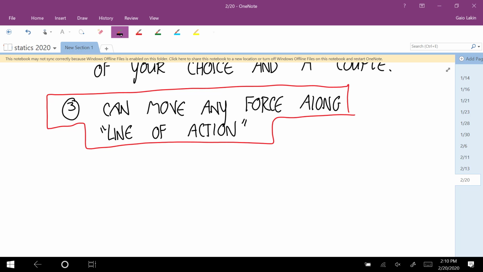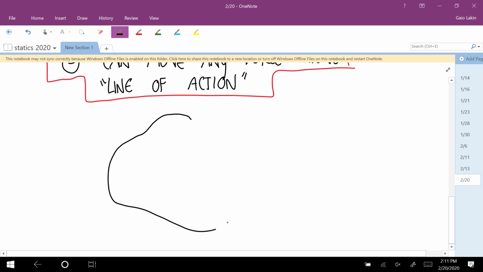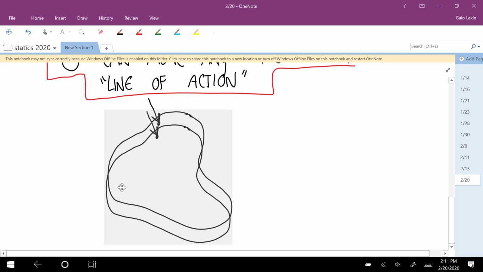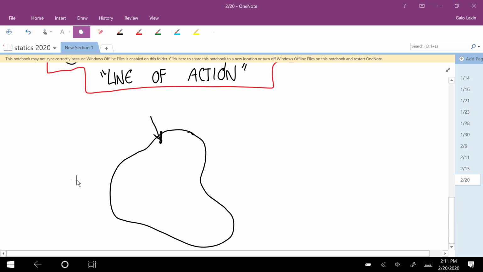What that says is if you have some object and there's a force vector acting on it there, okay? The line of action, and actually I'm going to move this a little bit, is the line that is parallel to that vector and goes through the point where the force is applied.